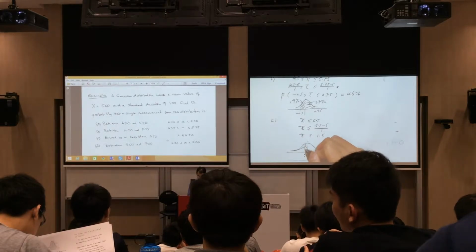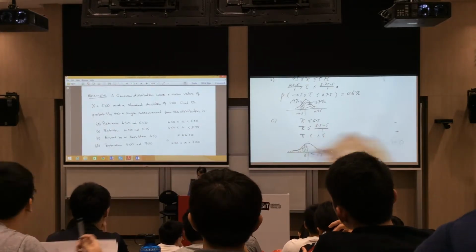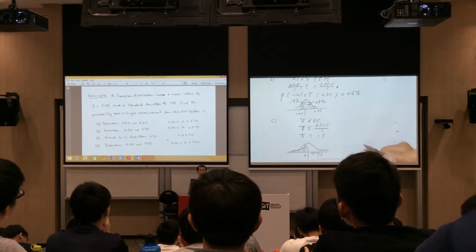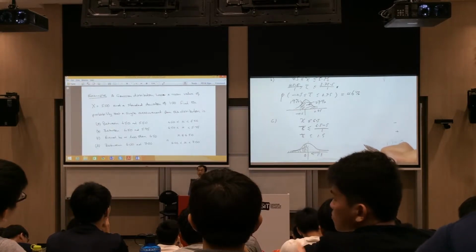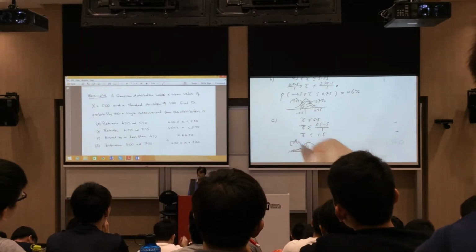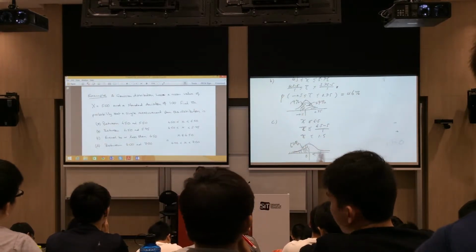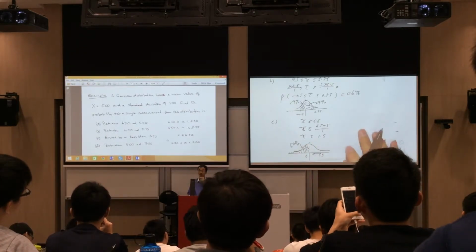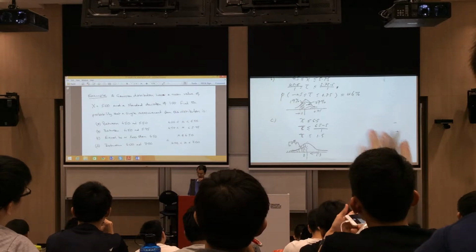What is the probability here, all the way to minus infinity? It will be 50%. You don't need to calculate this one, because the total area under this curve is 100%, so half of it is 50%.